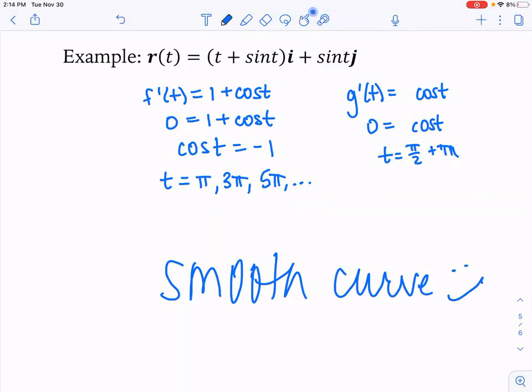Okay, this is a smooth curve because dx/dt and dy/dt are not simultaneously 0. Okay, that is essentially what it comes down to.